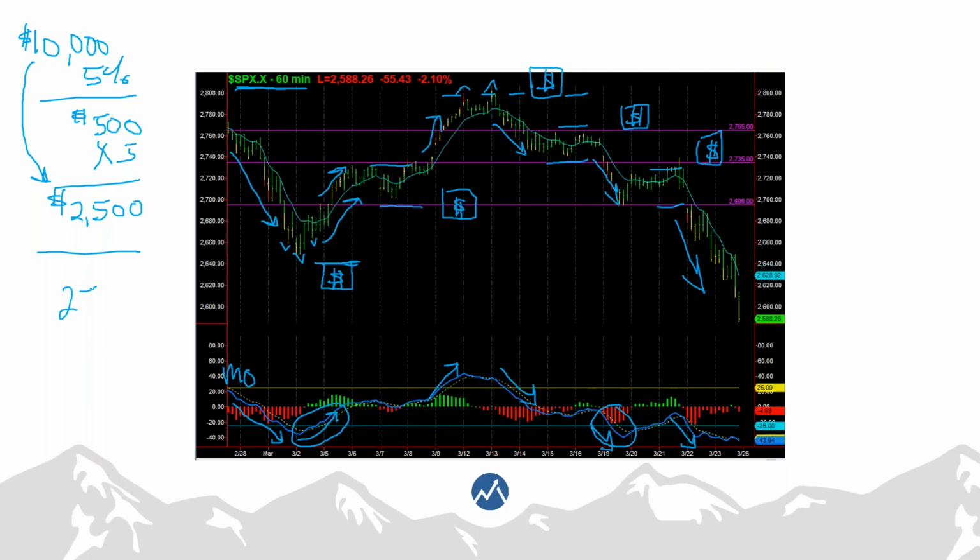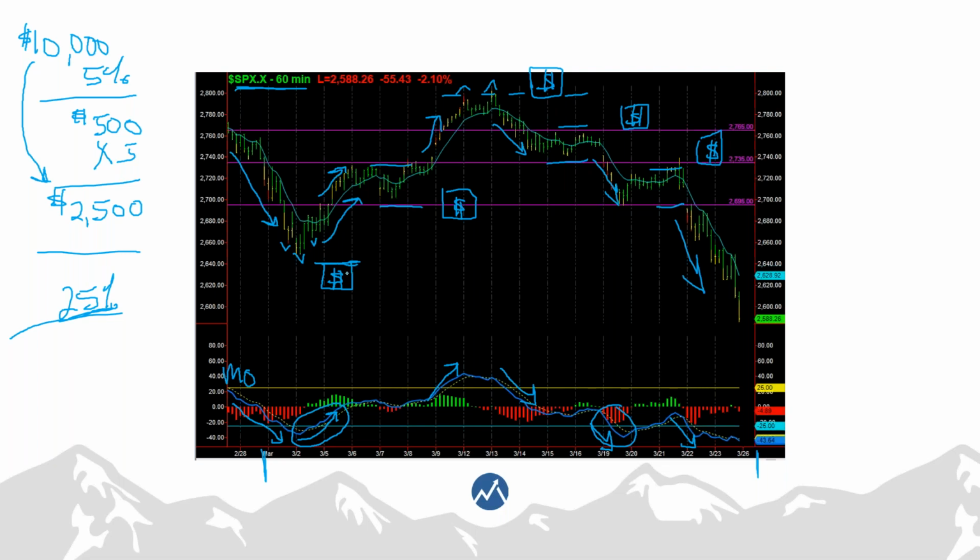25%. Because someone asked me, how long was this? This was basically the beginning of March, and this is the end of March in this particular example. So in 1 month, we take 5 trades and we grow the account by 25%. You see, that is the power of consistent 5% returns over time.